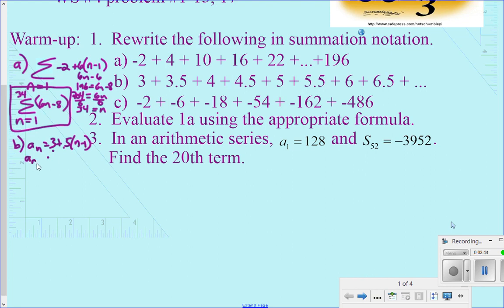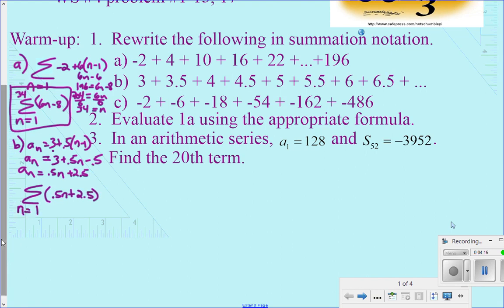So a sub n equals 3 plus 0.5n minus 0.5. So then I'm going to combine the 3 and the negative 0.5 to get 0.5n plus 2.5. So again, not including the a sub n equals, I'm going to go ahead and write my sigma and 0.5n plus 2.5.